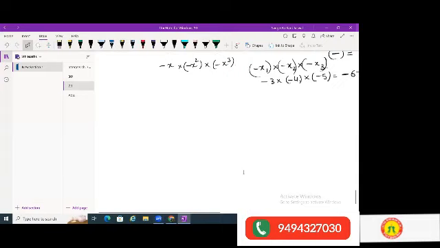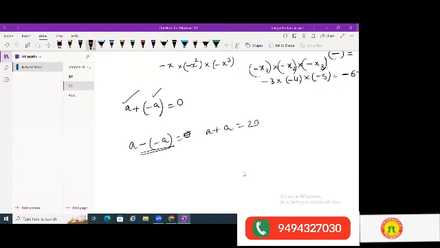Okay, now see, if it's like this, no? Suppose you have some number A added with minus of A, then only you will get 0. Then only you can say that these two numbers are additive inverses of each other. If it is something like this, then this is not an additive inverse, nor is it 0. This is not an additive inverse because this becomes A plus A, which becomes 2A.